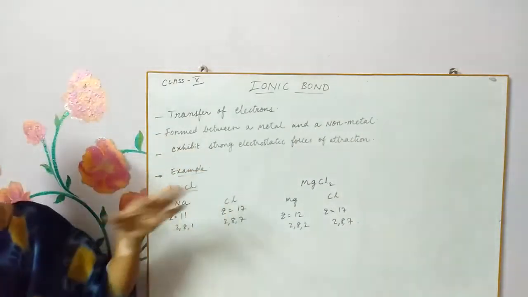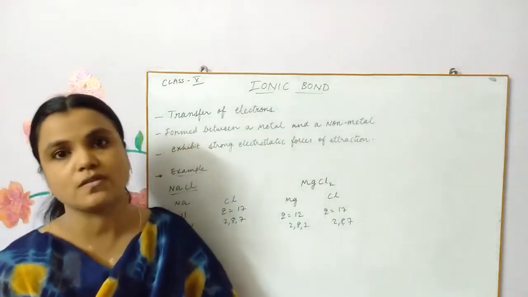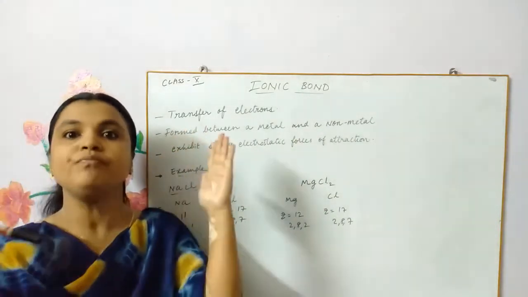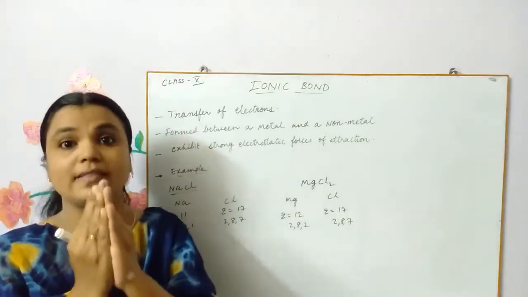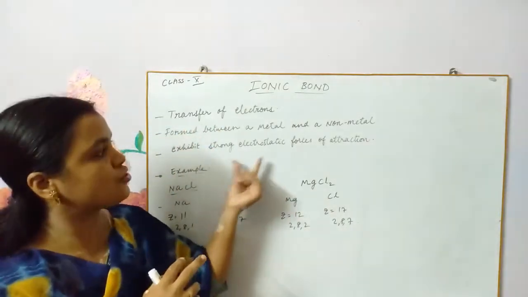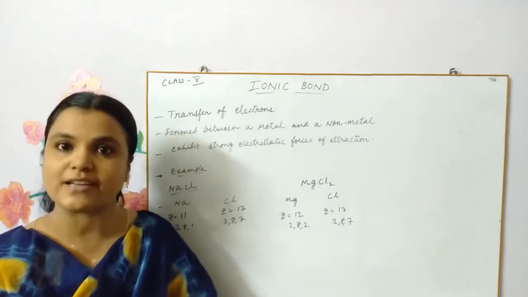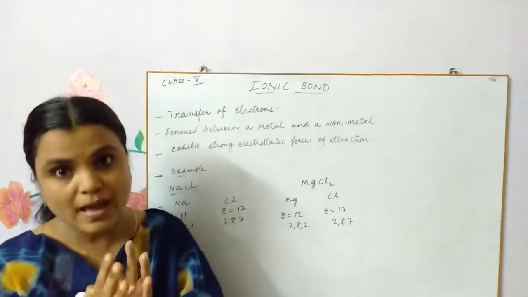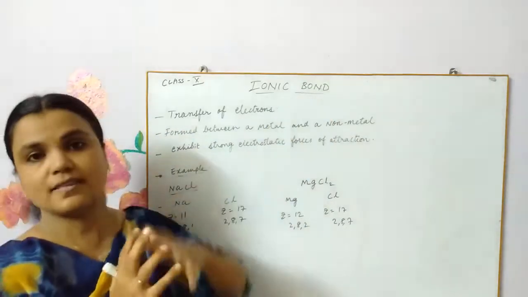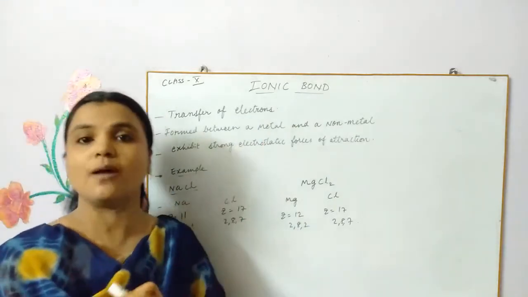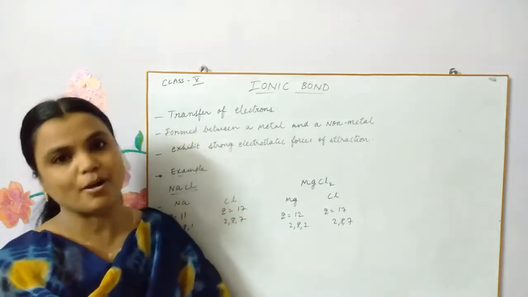They exhibit very strong electrostatic forces of attraction, which keep the atoms held together, and they form a compound. Such bonds are called ionic bonds, and such compounds are called ionic compounds, children.